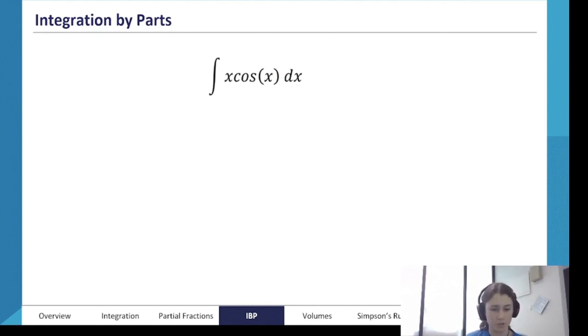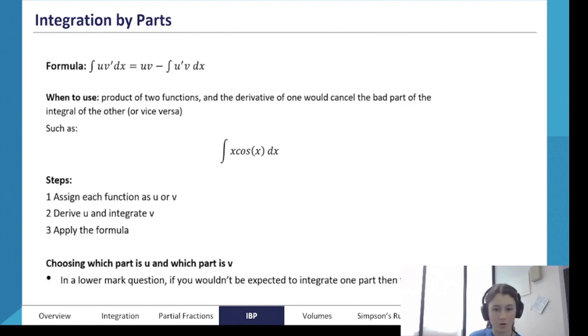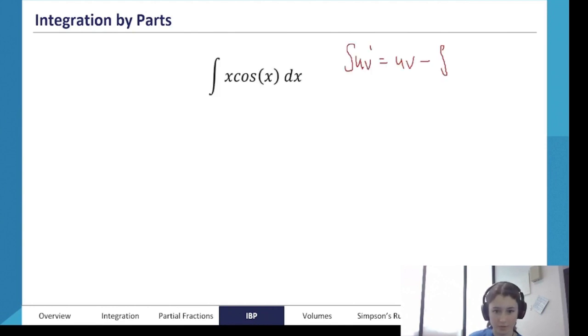So how do we know that we should use integration by parts? What we need to recognize is that the integral of one of the functions or the derivative of one of the functions is going to make things easier for us, because you remember our formula is the integral of u v dash equals u v, take away the integral of u dash v.